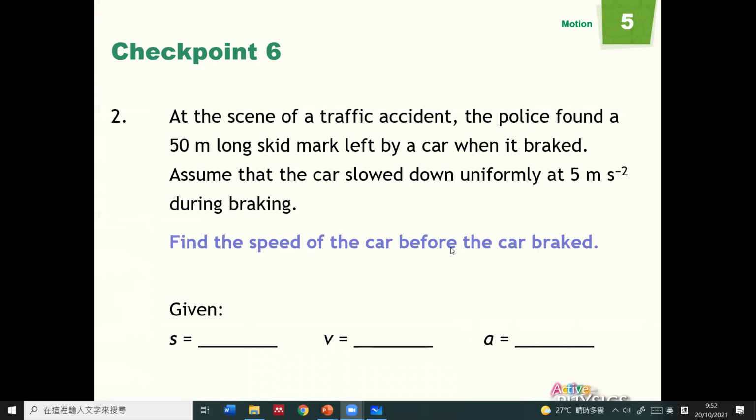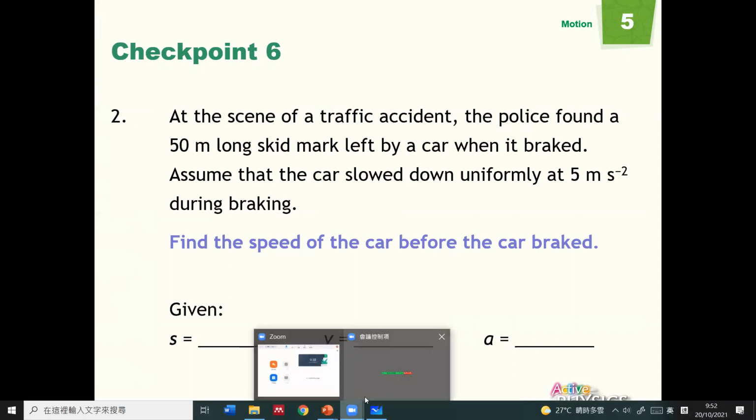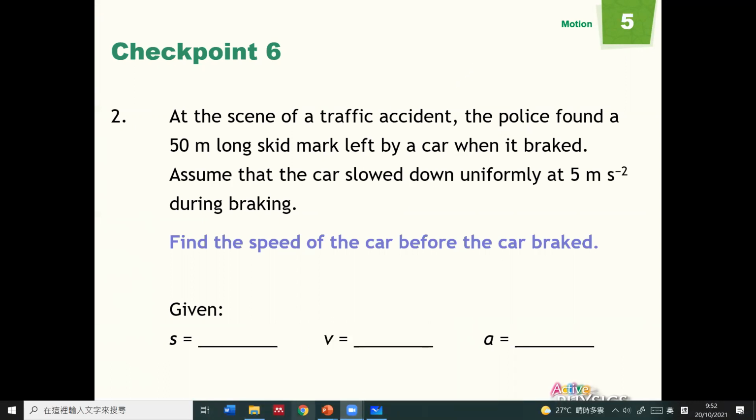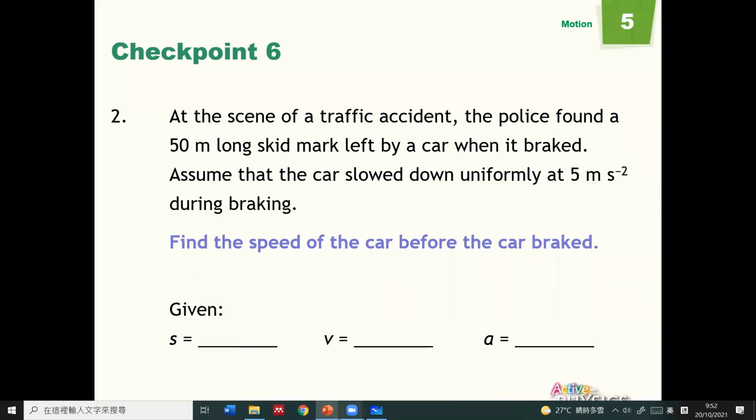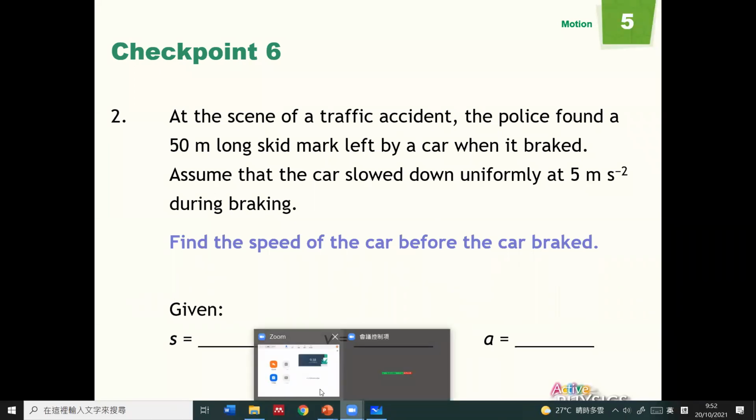Number 19. Have you finished? Are you using a phone or computer?